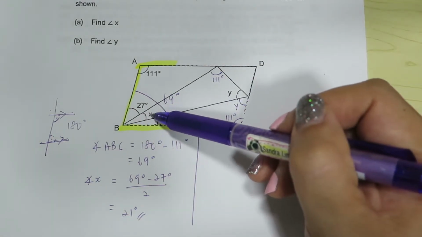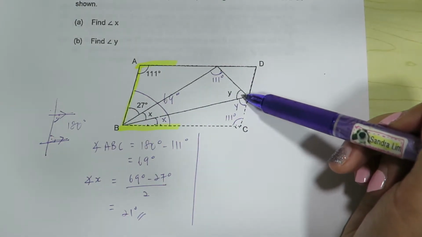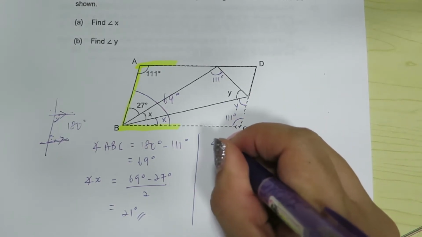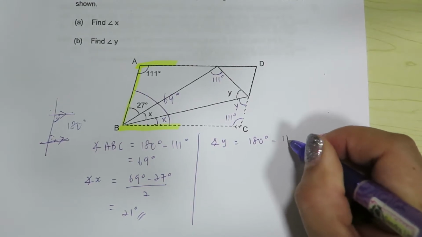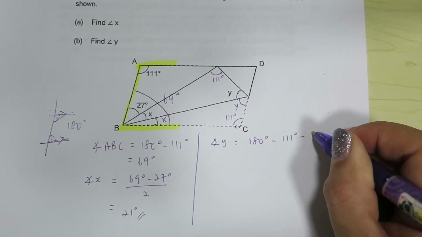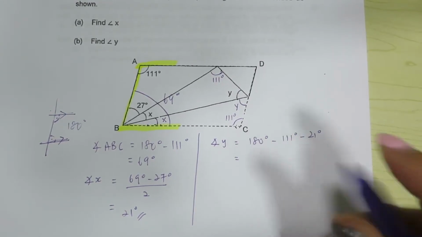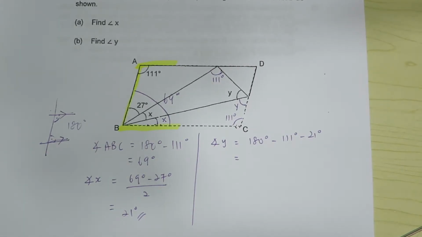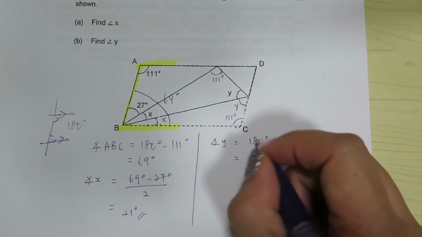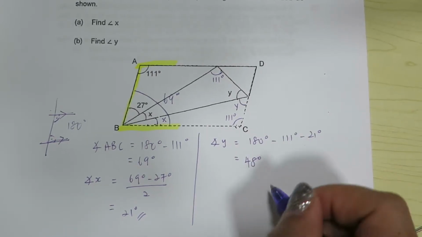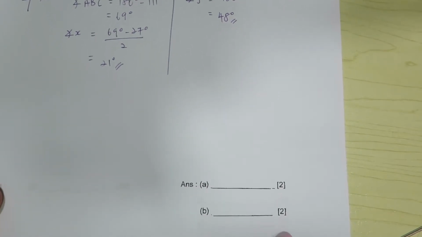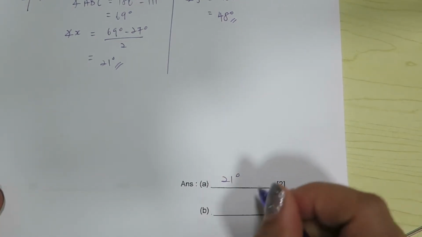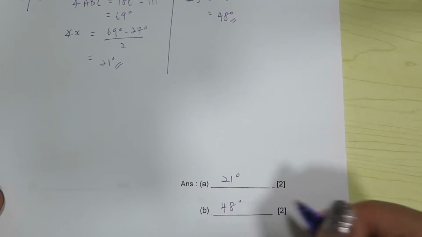I already know what x is, so I can find y. Angle y would be 180 degrees take away 111 degrees, take away angle x, which is 21 degrees. So 180 minus 111 minus 21. Angle y is 48 degrees. So, 21 degrees and 48 degrees.